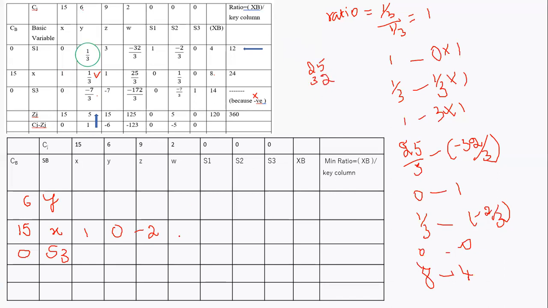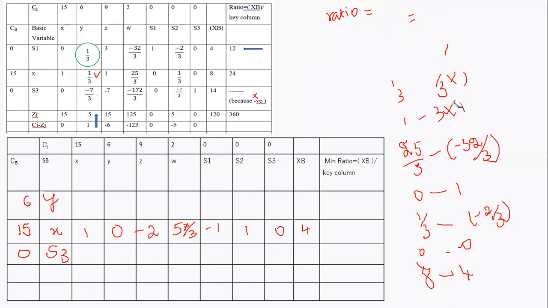So we'll be having 57 divided by 3. And next element will become minus 1. So here minus will become plus. 2 plus 1, 3. Therefore, 3 by 3 will be having 1. And next position, it is 0. And then 8 minus 4 will be having 4. So this is all we get with respect to the corresponding operations what we have done.